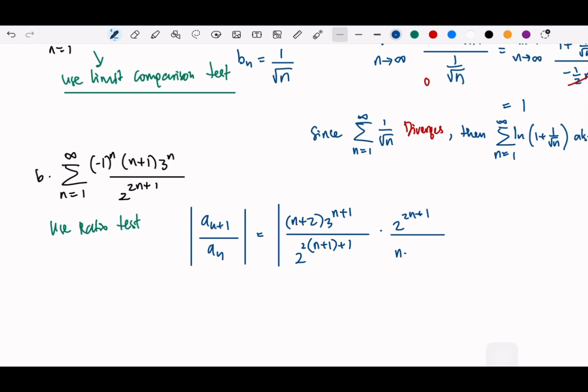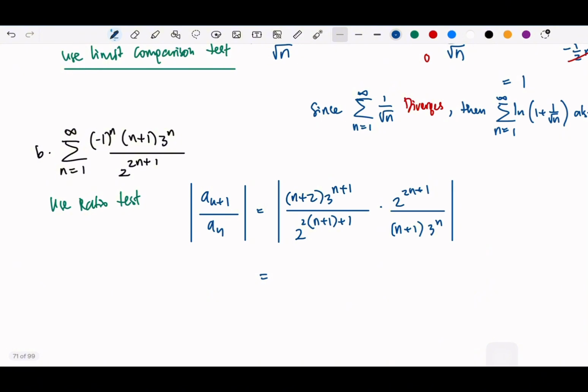This will be n plus 1, and then 3 to the power of n. And I think we can cancel this, so this will be 3. This will be 2 to n plus 3, right? And we can cancel that out with this. So this is 2, this is 2.